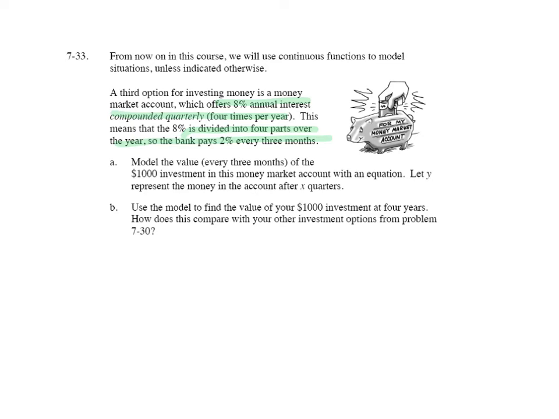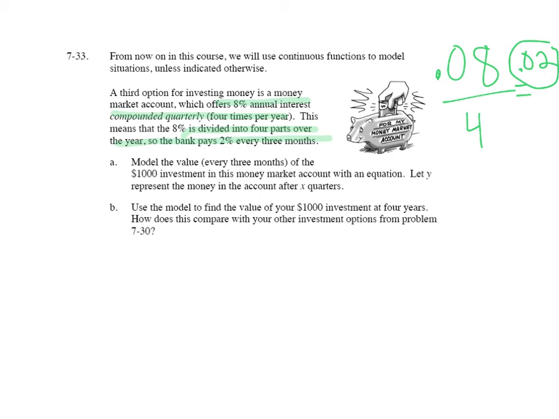So what they did is they took the 8%, which is 0.08, and divided by 4 because it's quarterly. Quarterly means 4 payments per year, and that gives you 0.02 or 2% every 4 times a year.